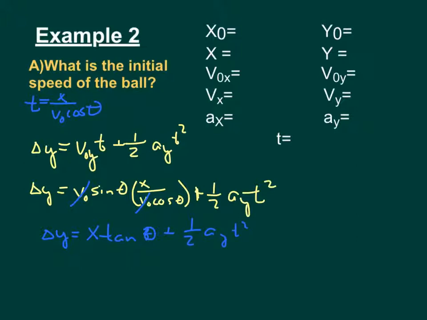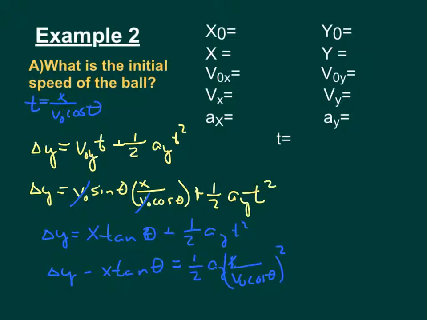If we move that over, we get delta y minus x tangent theta equals 1 over 2 a y, and I'll put that x over v naught cosine theta squared.